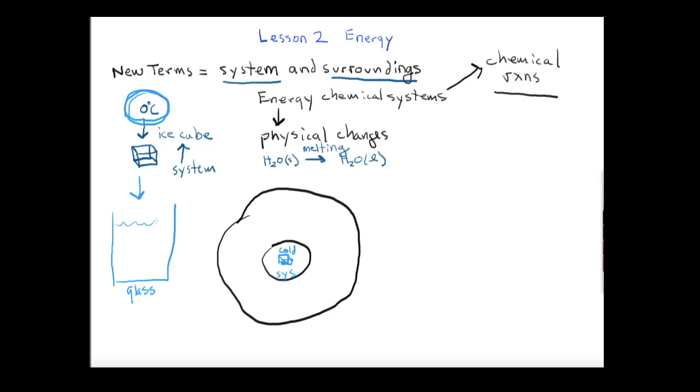So this is H2O liquid, and then here's the ice cube. Because what I'm trying to do here is be abundantly clear about what's going on, the ice cube, which is cold, is placed into a glass of water, which is warm.